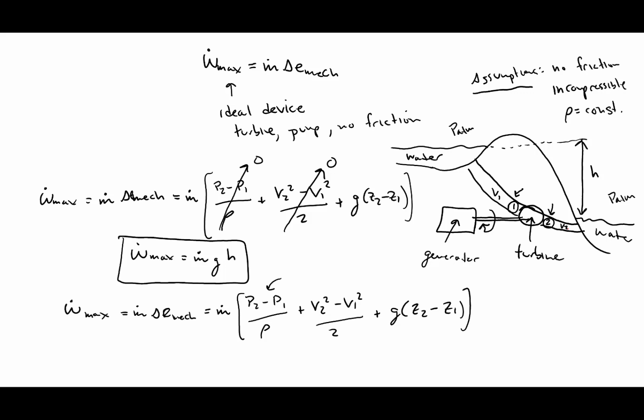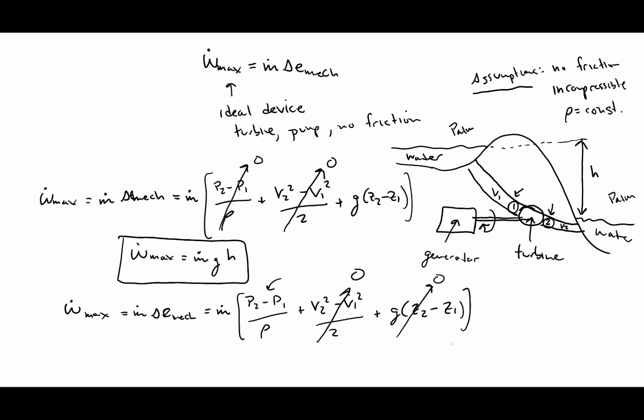So that means that if the velocities V2 and V1 are the same, V2 squared minus V1 squared is 0. And we can also assume that this height, from 1 to 2, is approximately the same. So that means that Z2 minus Z1 is 0.